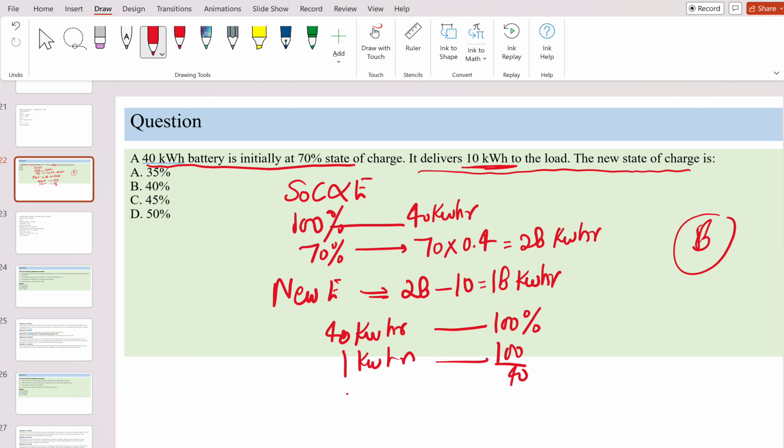So what is 18 kilowatt hour? 18 kilowatt hour is basically 100 divided by 40 multiplied by 18. When you solve it, it is coming out to be nearly option C, 45%.